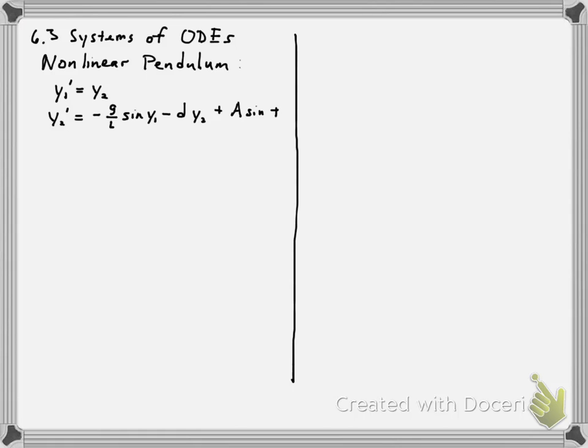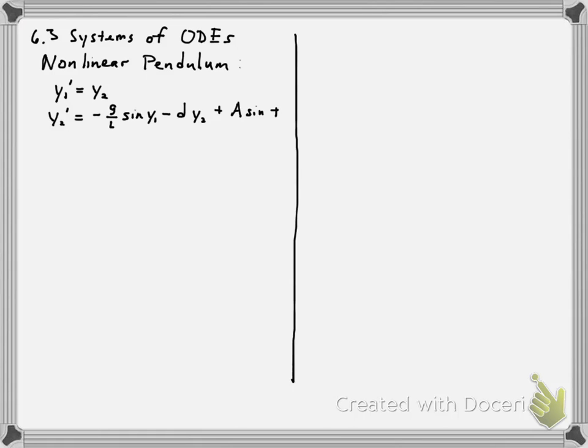This system includes a damping term, that is the minus d y sub 2 term, and also an external forcing term, that is the A sine t term. Okay, so this is a two-dimensional first order system that we can solve using a numerical method.